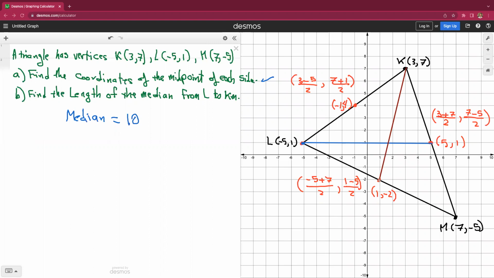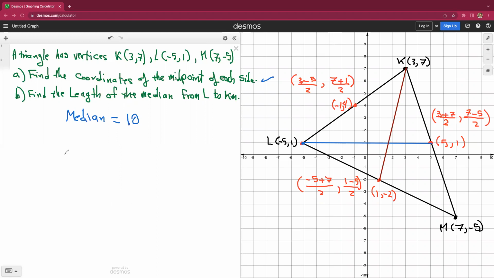So from here to here you cannot count it. And the reason is, here you could see the scale right there, 1, 2, 3, but here you cannot just say you're going to call this one and this two. This is a line at a slant. And when the line is slanted like this, you cannot say this is 1, because this is a little bit more than 1. 1 is up to here, but not up to there. So you have to use the formula.